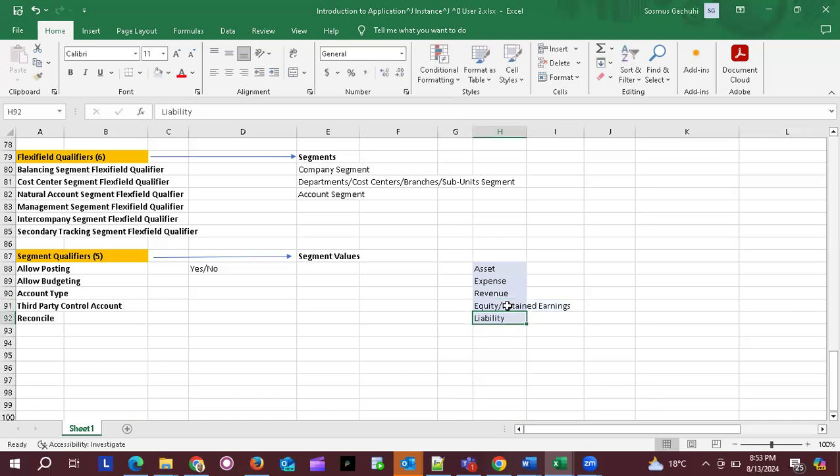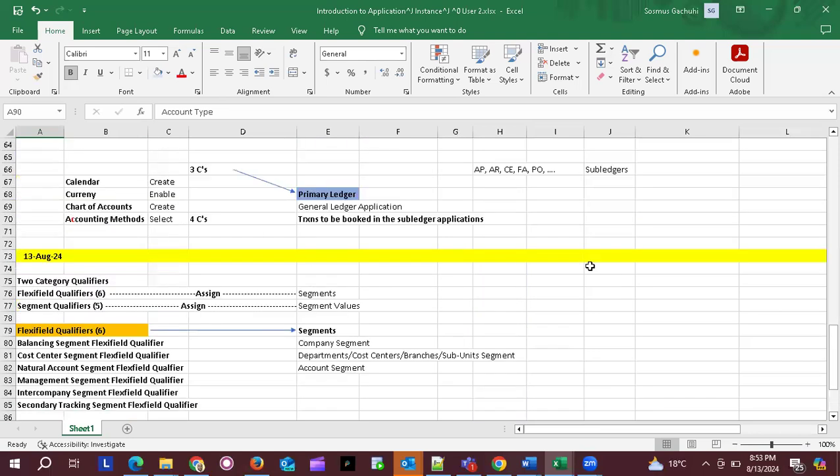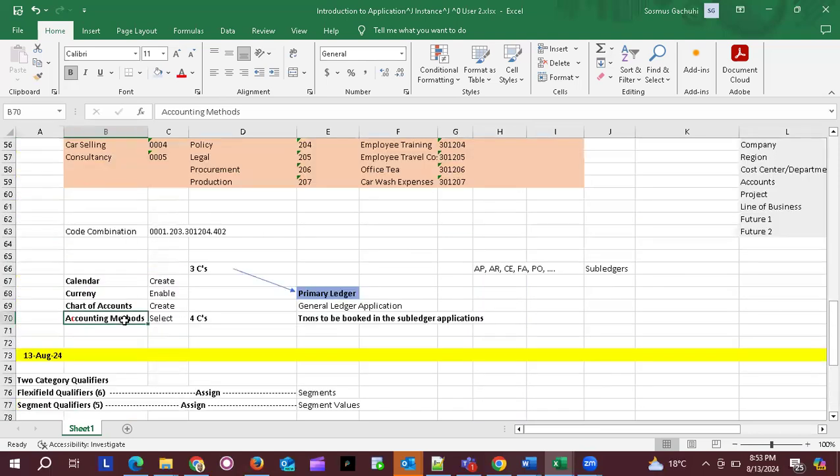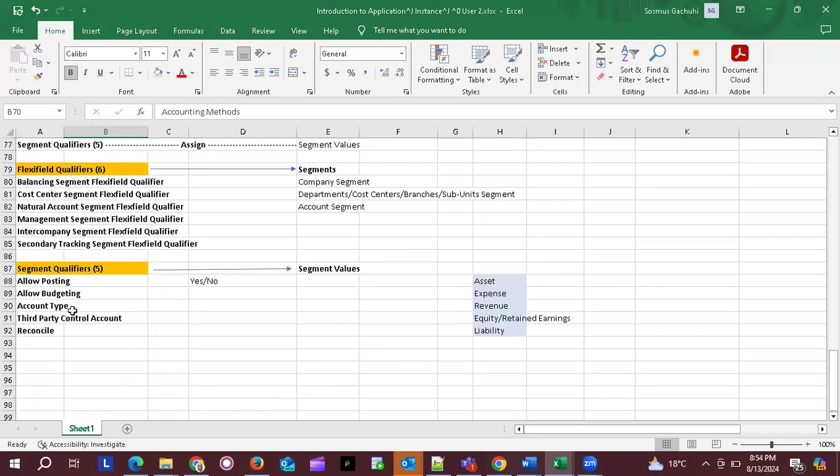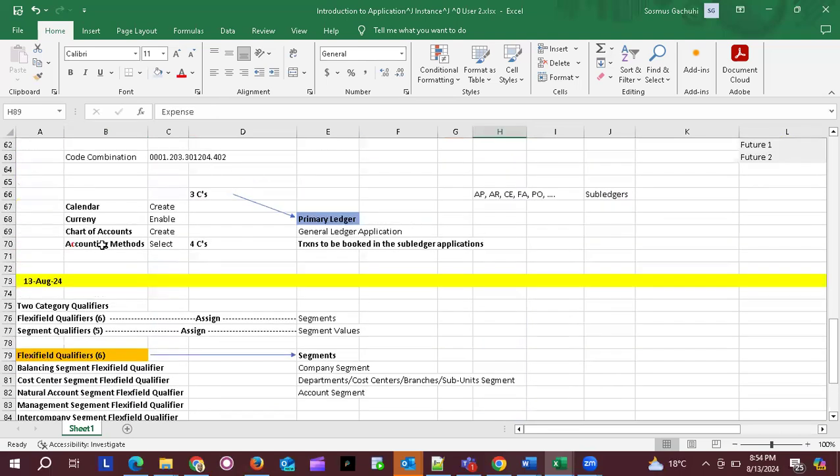So this is where you give that account its characteristic, so that when we use the accounting methods, the system will be able to tell, this account being an asset account, being an expense, how do we treat them?